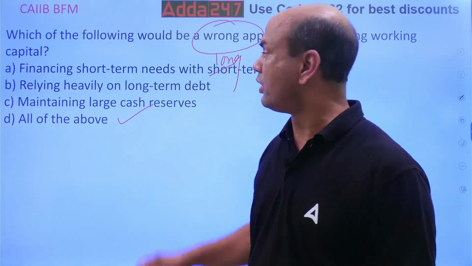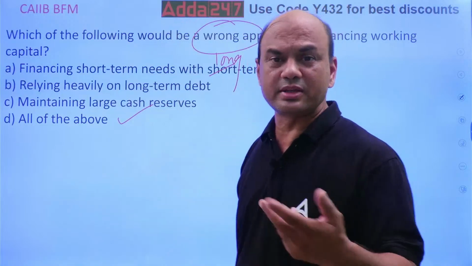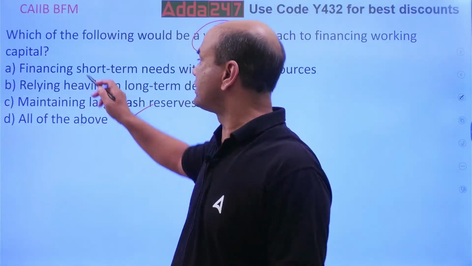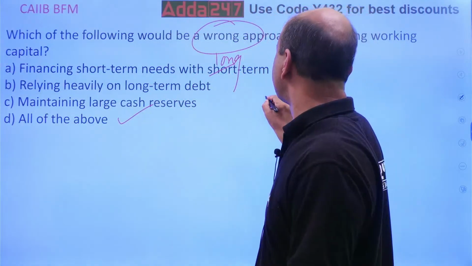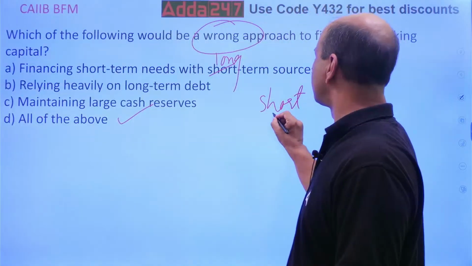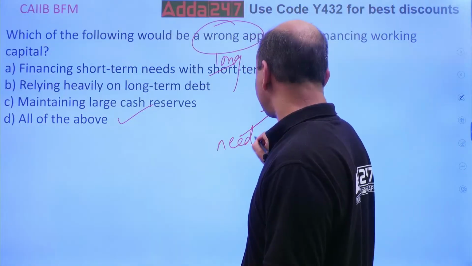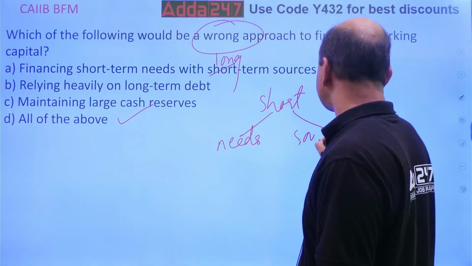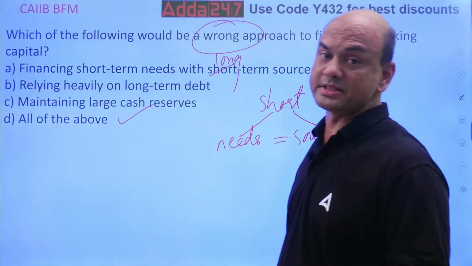So, all these three methods are wrong for financing working capital. So, which is the right method then? The right method is financing short-term needs with short-term sources. I'll write this, needs with sources. So these should be equal. That's why in our balance sheets also check.